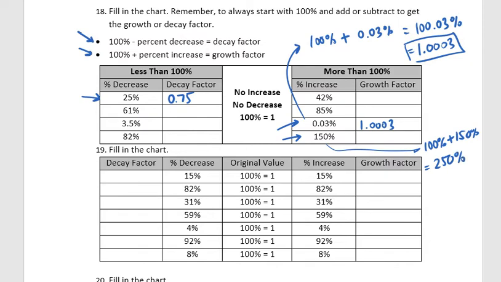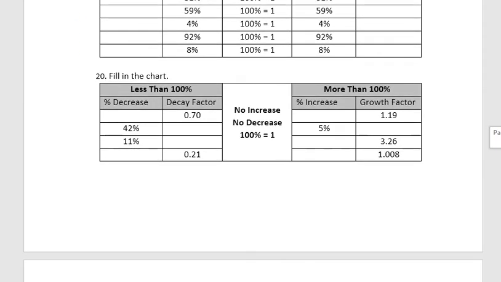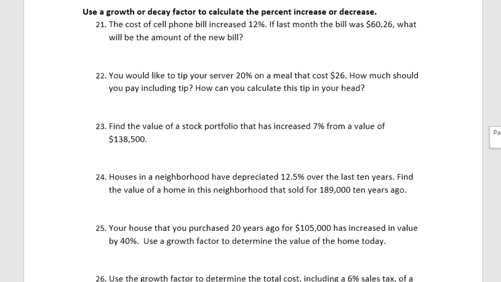Now I want to write that as a decimal because that will be my growth factor. So I'm moving this decimal 2 places to the left, and my growth factor here is 2.5. All right. Let's take a look now at question 27.